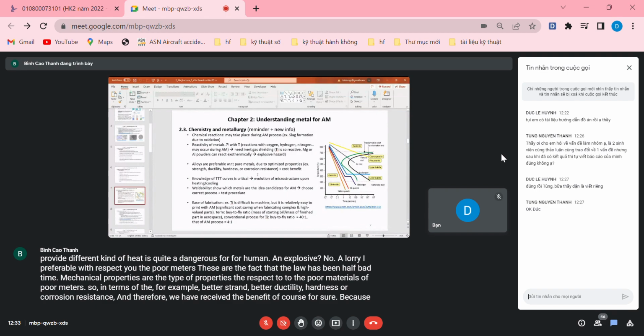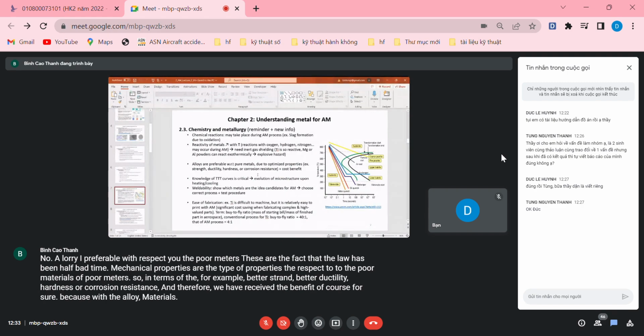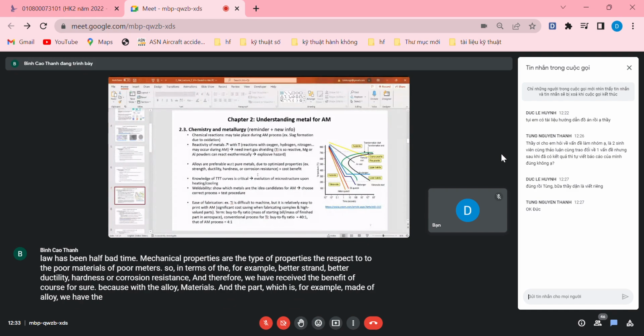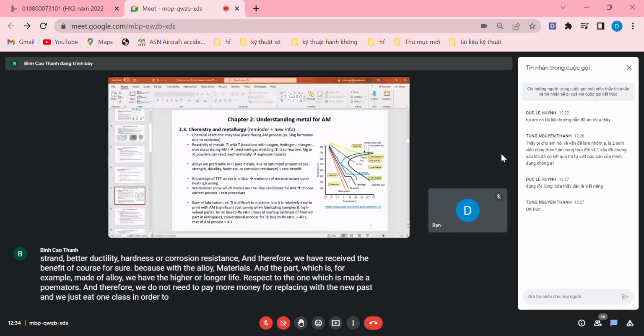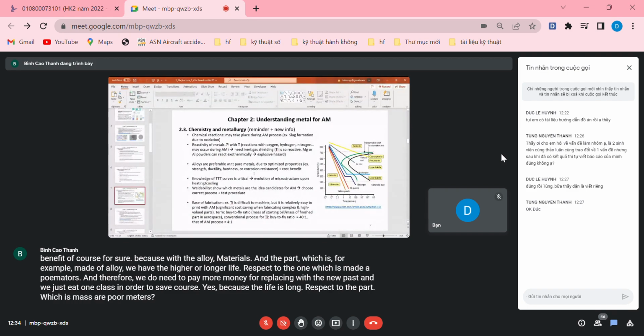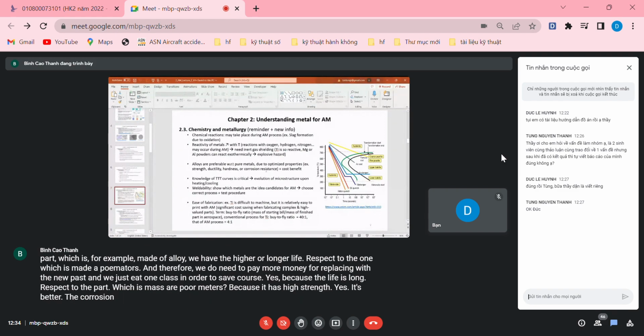Because a part made of alloy will have a longer life than one made of pure metals, and therefore we do not need to pay more money for replacing it with new parts, and we just use one part in order to save costs. Yes, because the life is long with respect to the part made of pure metals, because it has high strength, and better corrosion resistance, for example.